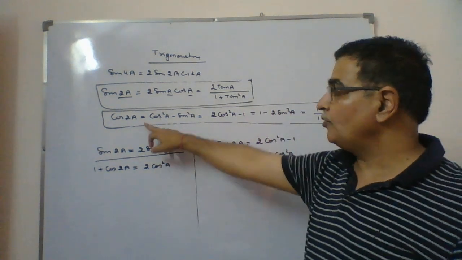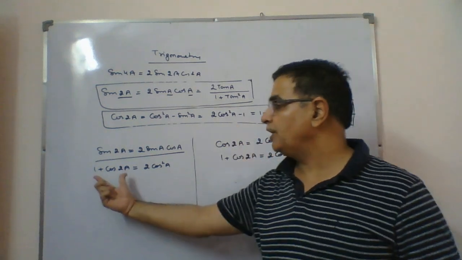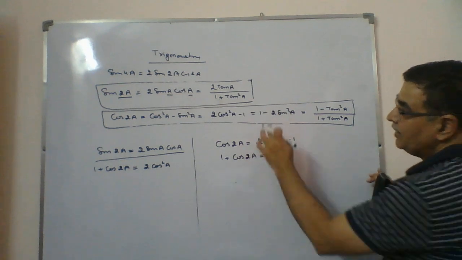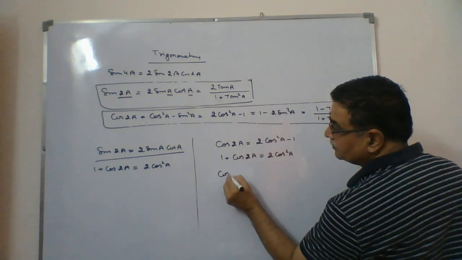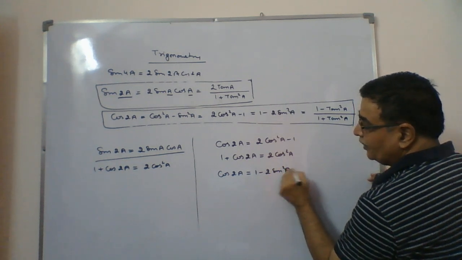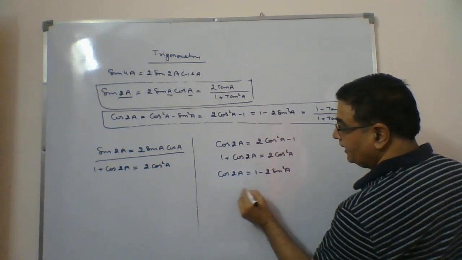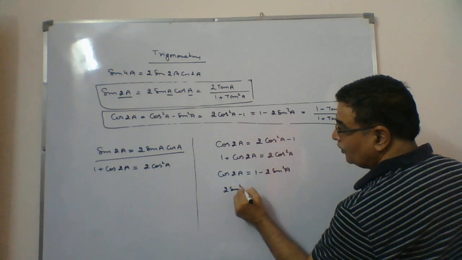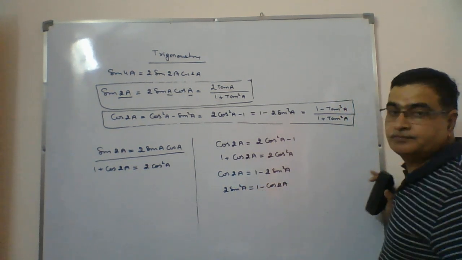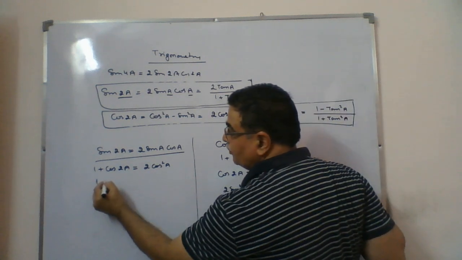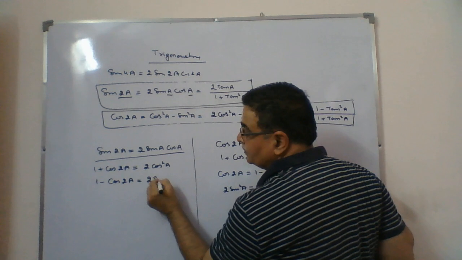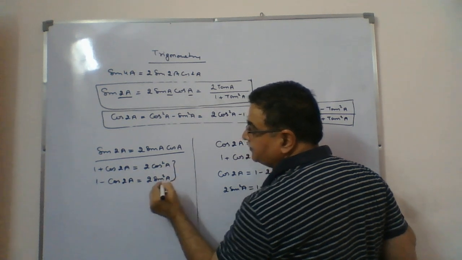In place of cos 2A, it is better to remember 1 plus cos 2A is 2 cos square A. In the same way, cos 2A is 1 minus 2 sin square A, so I should write 2 sin square A is 1 minus cos 2A. So another result is 1 minus cos 2A is 2 sin square A.